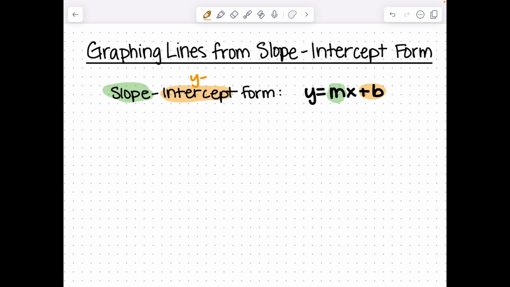As far as a process here, what we're going to do is look at the equations. We're going to first identify the slope and the y-intercept. Let's put these in a little checklist. Step 1, identify slope and y-intercept.